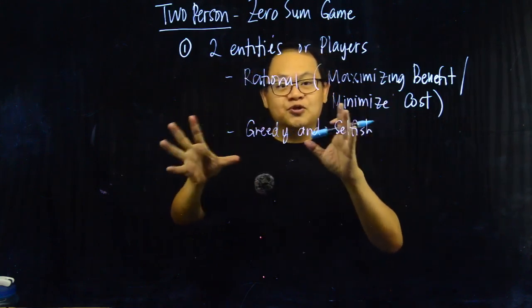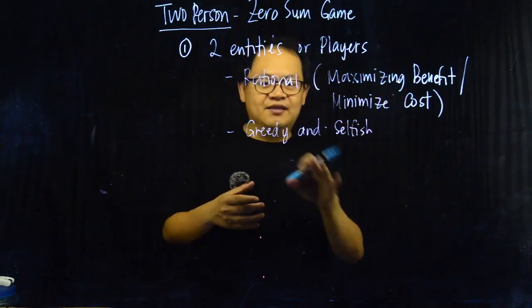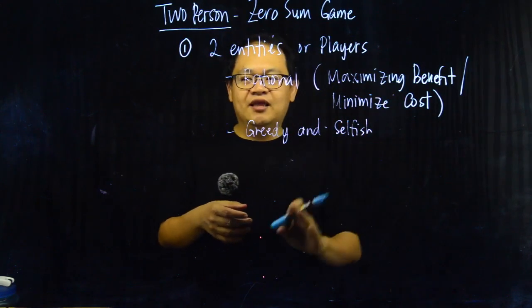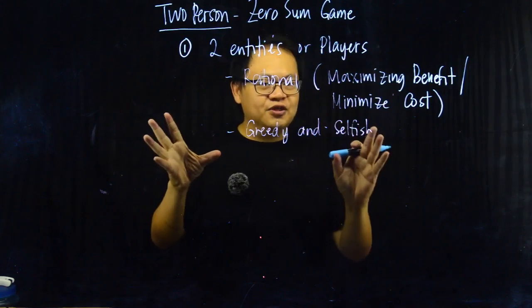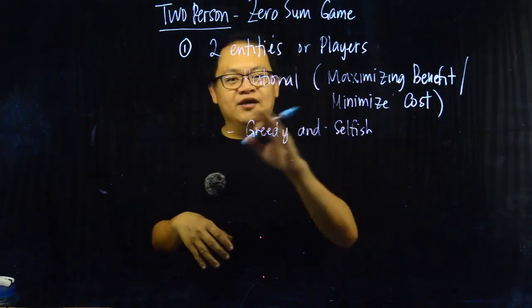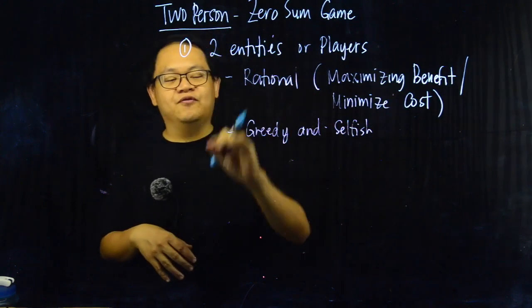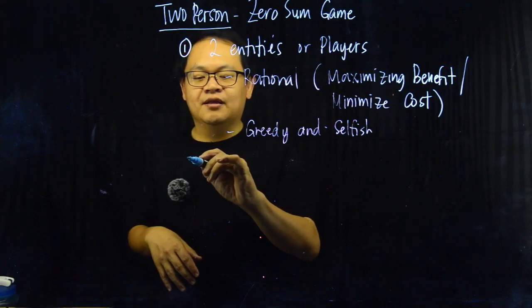Now, in both options, you will earn. But because you are rational, meaning you'd like to maximize, and you are greedy and selfish, then if you have the choice between option A winning 50 and option B winning 30, you will always choose option A. Okay, and that's the assumption of these two entities.